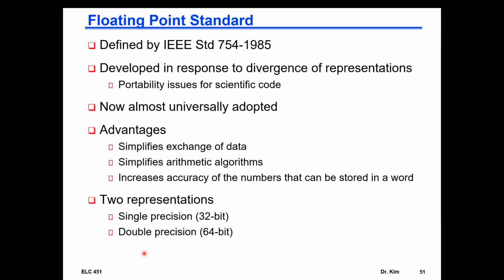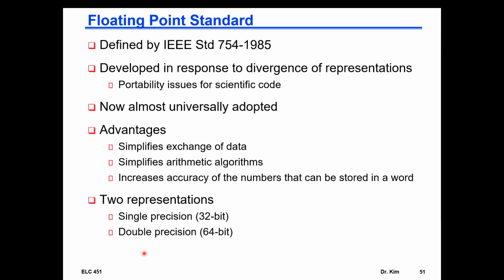So the floating point standard is an IEEE standard, and it was developed to standardize the way that software developers, compiler developers, and chip developers were dealing with this type of representation.